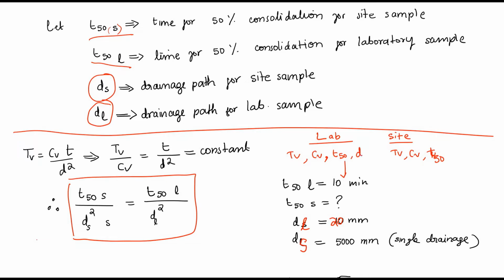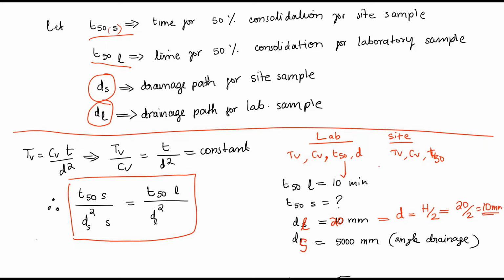D is the drainage path. For the lab sample, double drainage was given, and the thickness was 20 mm. So when we consider double drainage, D will be thickness by 2. That is, 20 by 2, which is 10 mm.